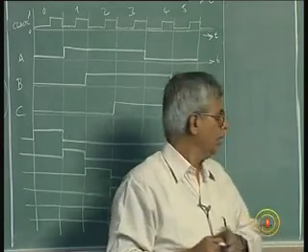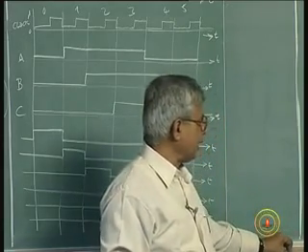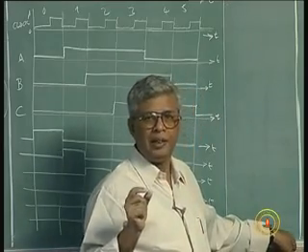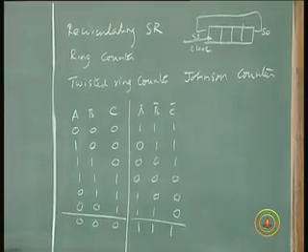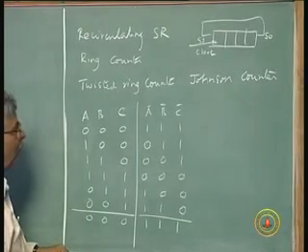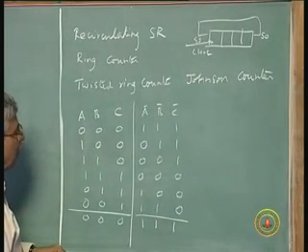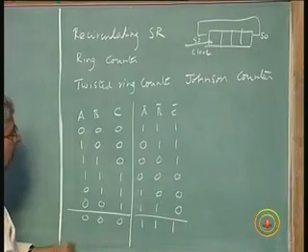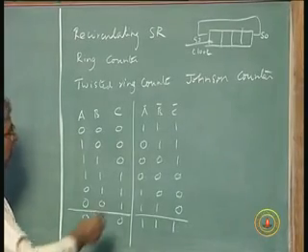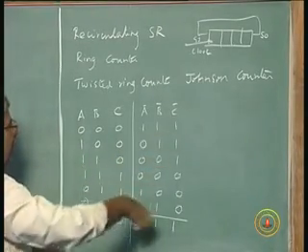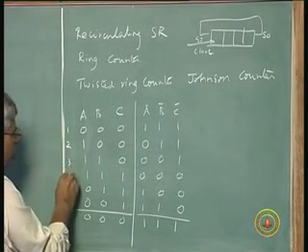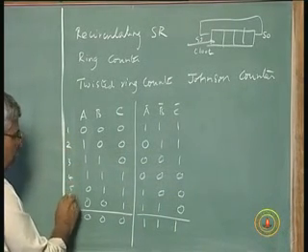Now I can see the patterns, as I want something to be on only for 1 clock period. You can look at this, for example, if you take B bar and C bar, they are one only for the first clock period. Let us call this first clock period, second, third, 4, 5, 6.